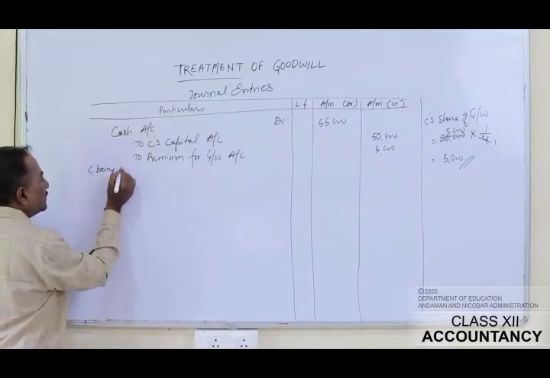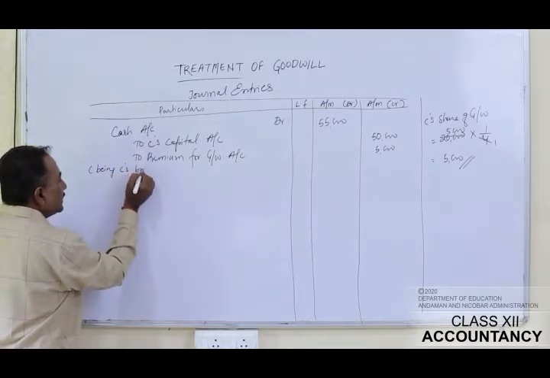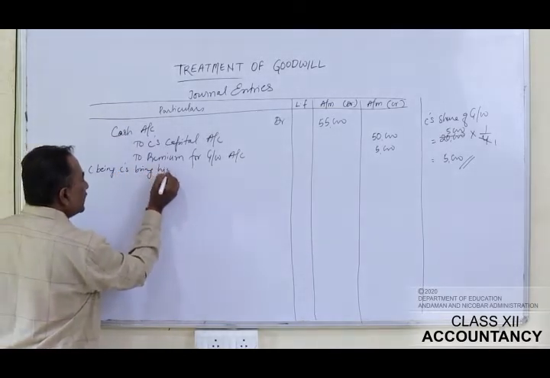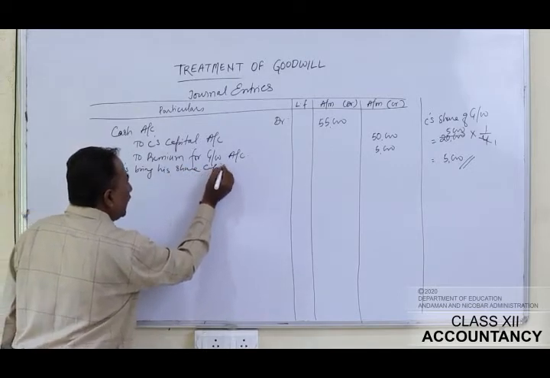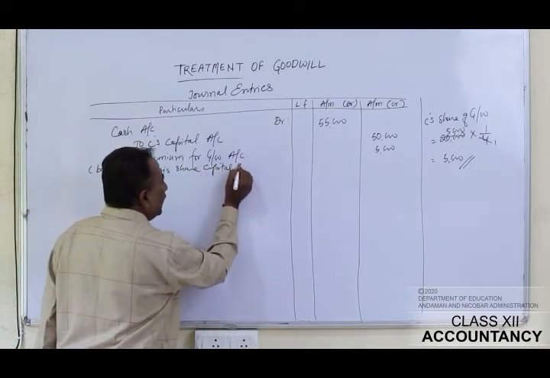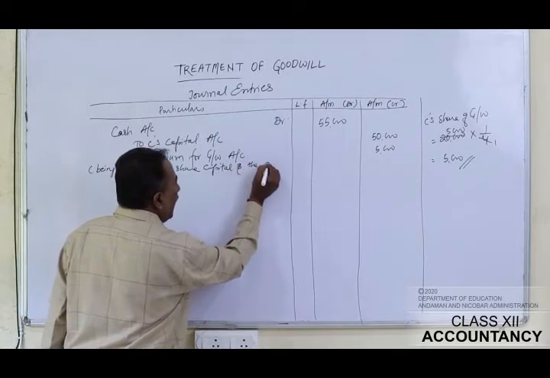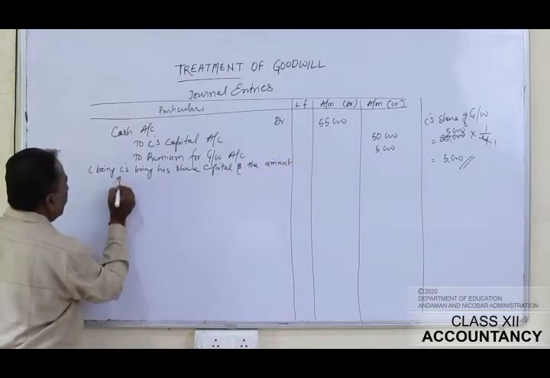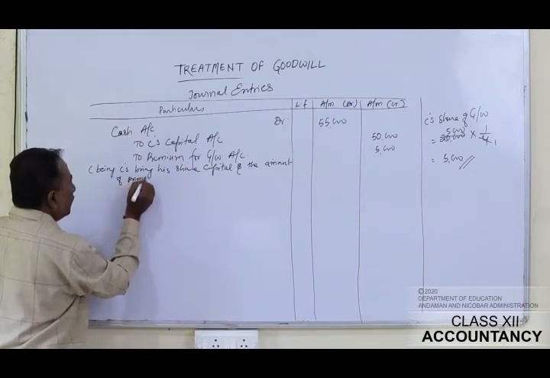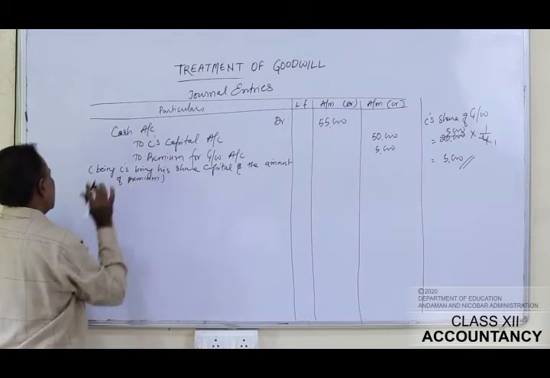Being C brings his share capital and the amount of premium. That's all.